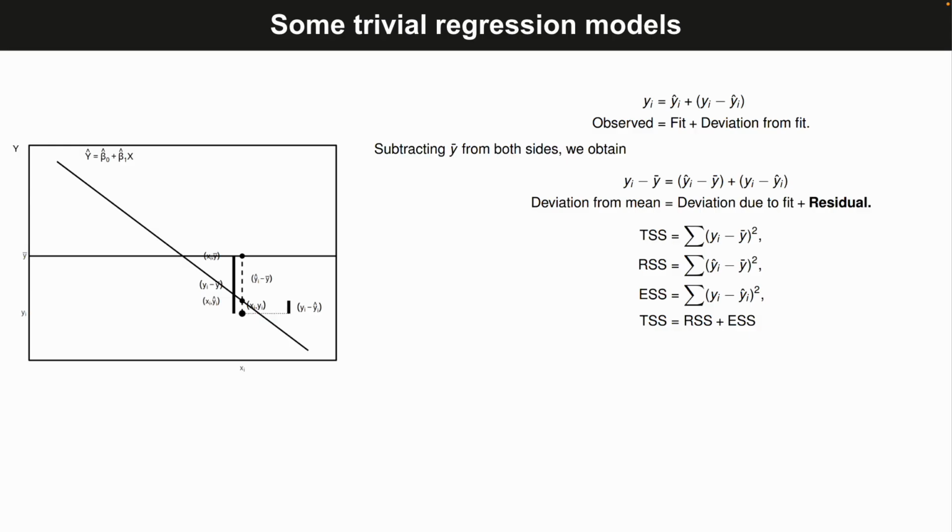This is a measure of how much variation my model can explain, but that will be in the absolute sense, which is not interpretable. I divide by TSS on both sides and I get 1 minus RSS by TSS.